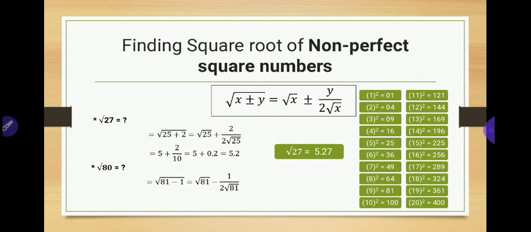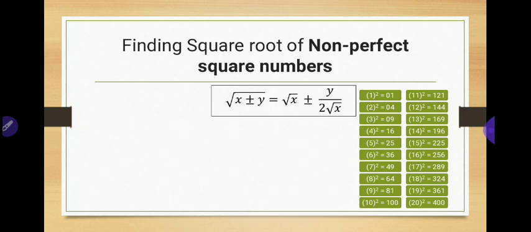Therefore use our formula, square root of x minus y upon 2 root x, and the answer will be 9 minus 0.055, because 1 upon 18 is 0.055. Therefore the answer is 8.945, isn't it?